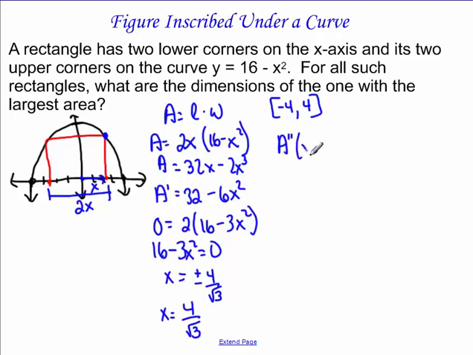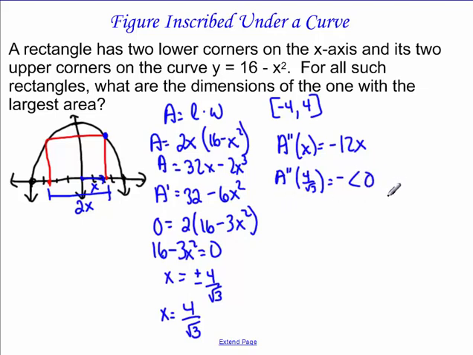So we find our second derivative, and our second derivative is negative 12x. I evaluate that second derivative at the critical points from our first derivative, which would be a negative number. So I don't really even care what it is. It's some negative number, which is less than 0.